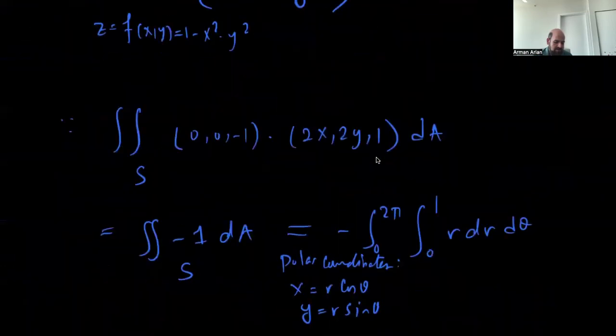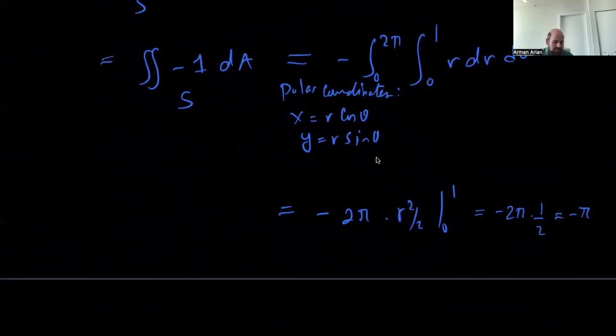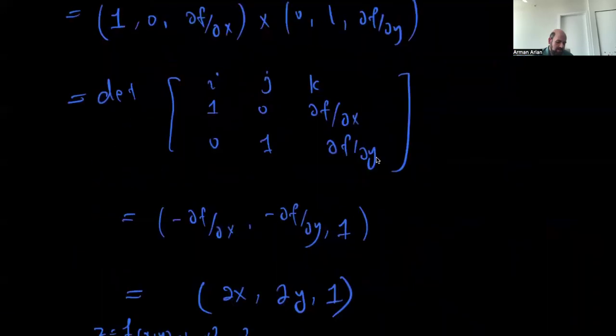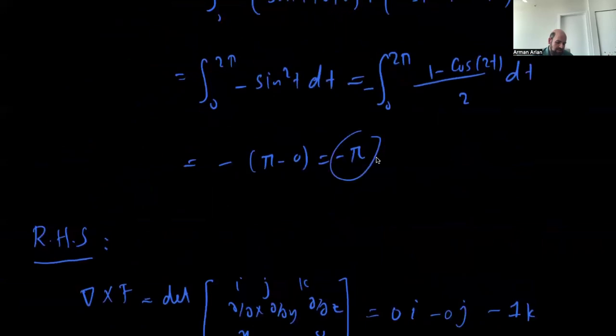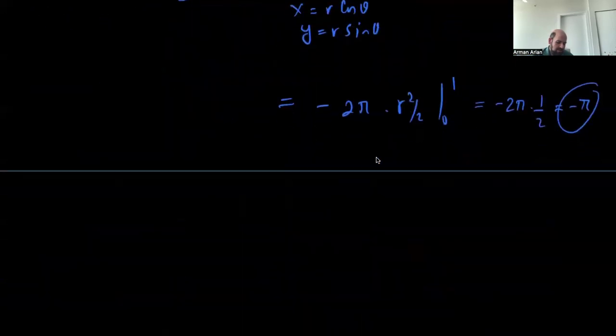So whether we use that formula or transfer to polar coordinates, we see that this integral will be pi, and with the extra minus 1 in front it becomes minus pi. So this is the right-hand side, and the left-hand side we saw earlier was also minus pi. So we showed that the left-hand side equals the right-hand side.